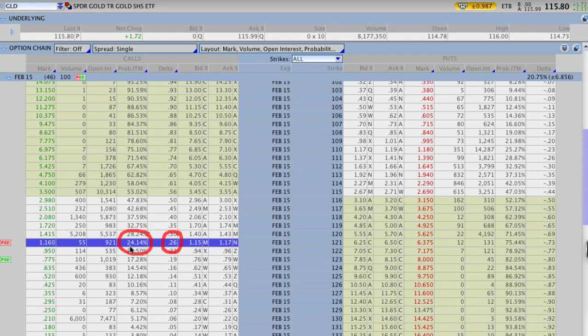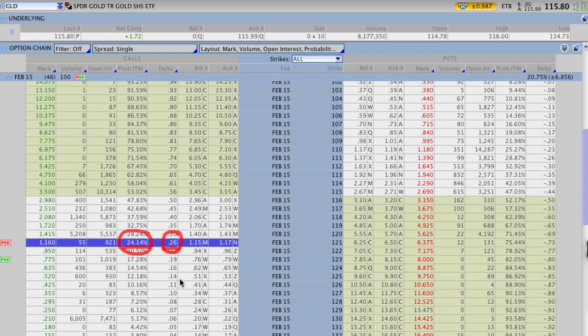In this case, the 121 calls that we're currently short have an exact probability of being in the money of 24%, which is more accurate than anything else you could use. But delta right now is 0.26, so you could say 0.26 is equivalent to about a 26% chance of being in the money.